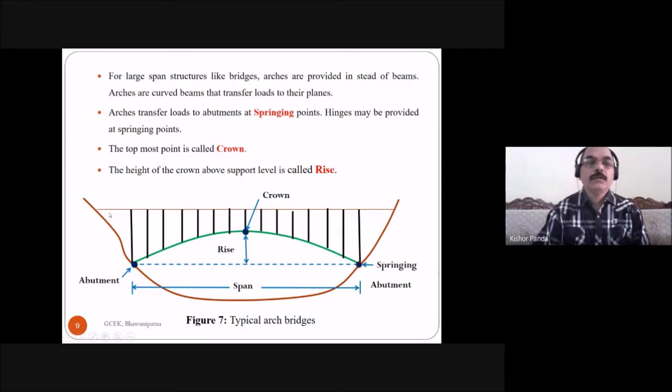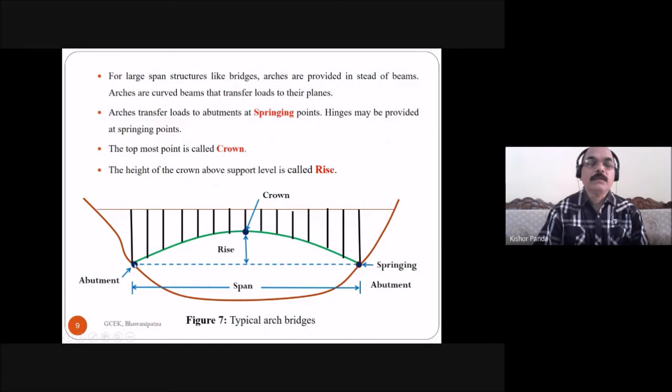Here you see one typical arch bridge, and this is the arch. This is the span of the arch, from this support to this support. This is the span length, and where the arch is resting is called the abutment. The topmost point of the arch is called the crown.